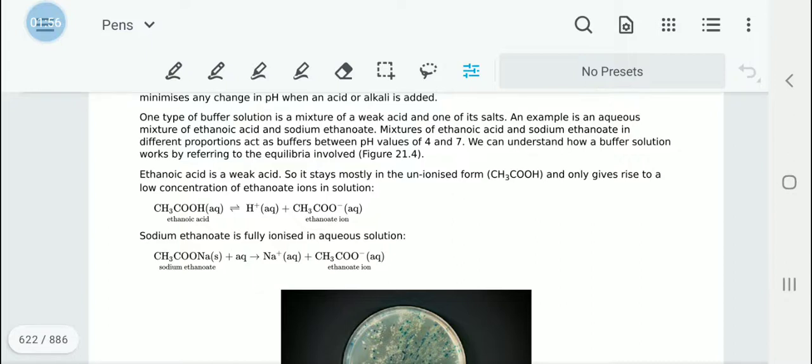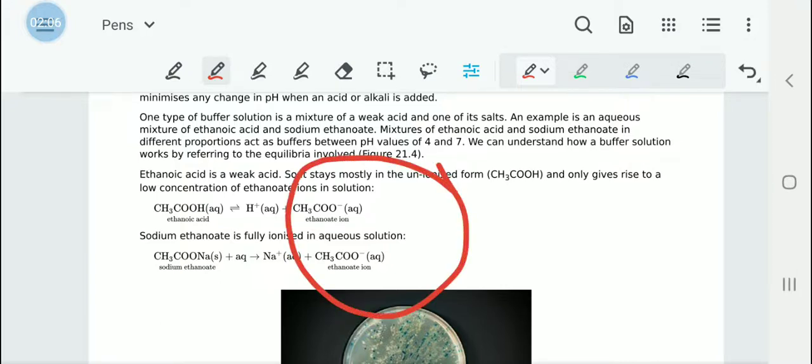CH3COONa dissociates into Na plus and CH3COO minus aqueous ions. As you can see, in both the acid and the salt, CH3COO minus, that is the ethanoate ion, is common. So the CH3COO minus ion concentration is going to be higher.